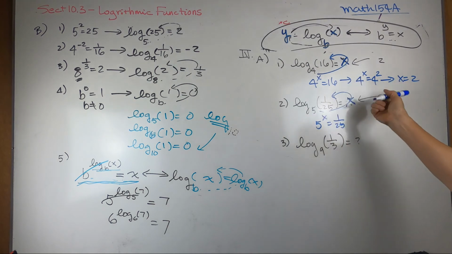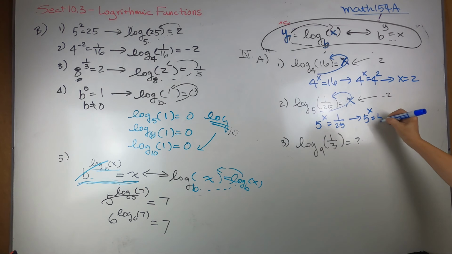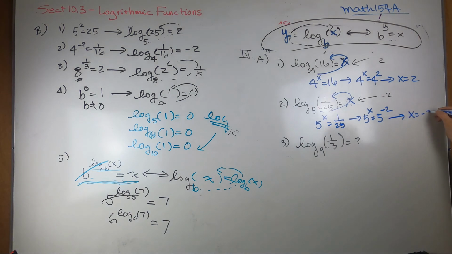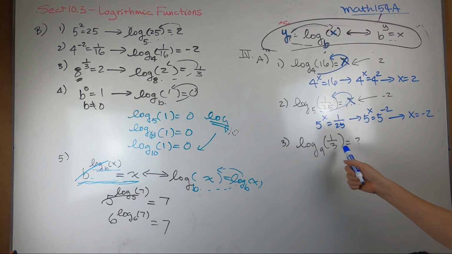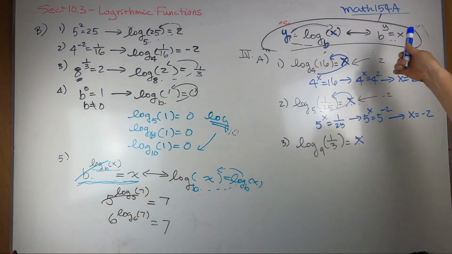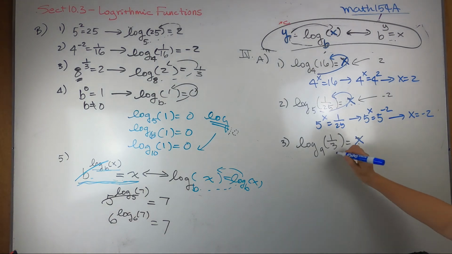Then you change to the same base: 5 to the x power equals 5 to the -2 power, right? Reciprocal. Then your x is -2. Okay? Especially if you cannot see it, put x there. Since you know how to solve exponential equations, you can visualize better.